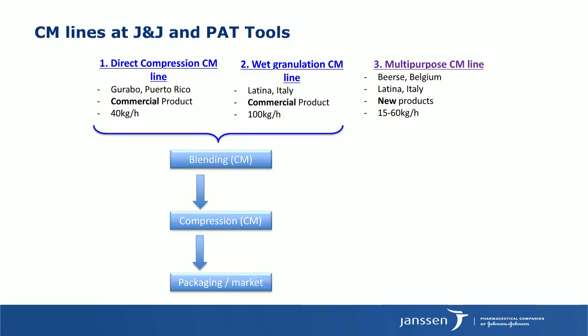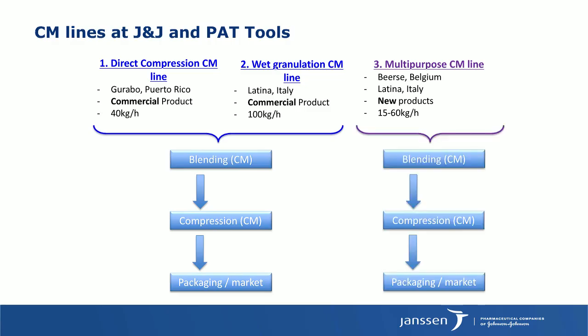Now, the first two, where we convert the batch to commercial product, are slightly different from the multi-purpose one. If we look at the last part of our continuous manufacturing, where we have blending and compression, then in the two commercial lines we use the PAT BU tool before the powder reaches the compression, which allows us to divert the powder material before it gets to the tablet press.